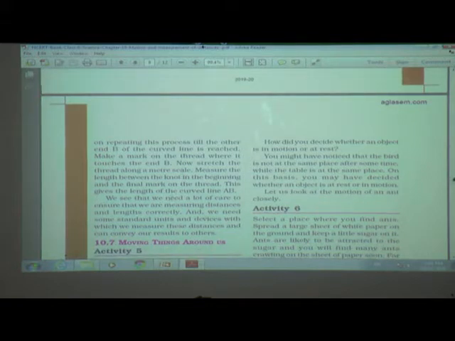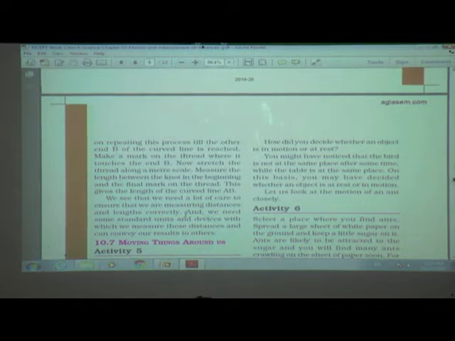We see that we need a lot of care to ensure that we are measuring distances and lengths correctly. So students, while using a string, we need a lot of care to measure the distance, and we need some standard units and devices with which we measure these distances and can convey our results to others.